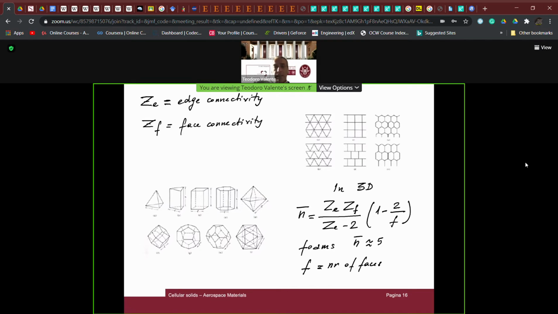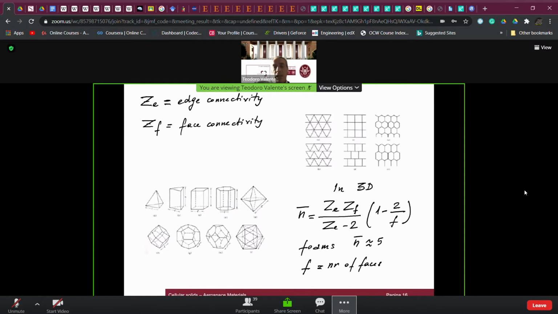This parameter n average, as you see, can be calculated by including the value of ZF, that is the phase connectivity. So it assumes an important role in the case we have phases with mass on, in the cellular materials.